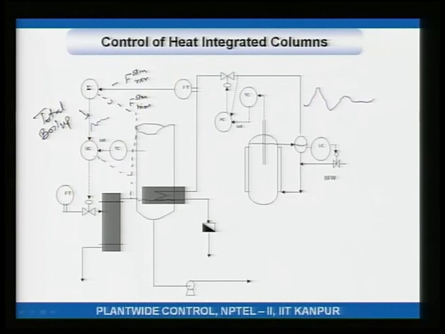This Q controller sees what is the amount of steam. It sees that the total amount of Q is varying, therefore, it immediately changes the valve position of the trim reboiler, so that this total stays constant.